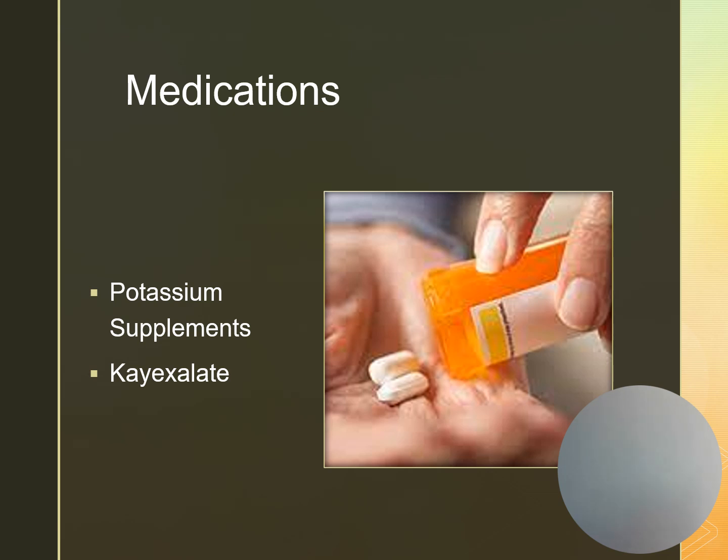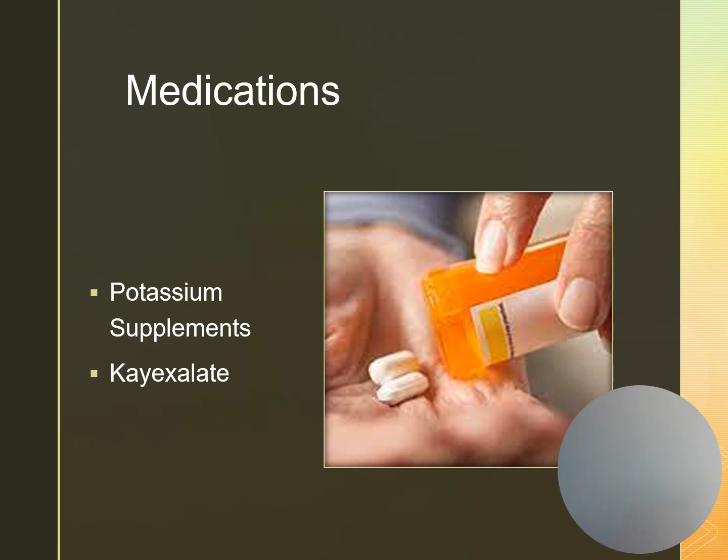We're developing hyperkalemia. So we have to figure out a different way to get rid of the potassium. So we administer sodium polystyrene. This is going to exchange potassium ions for sodium ions in the intestines. So now we can excrete the potassium ions in the feces.